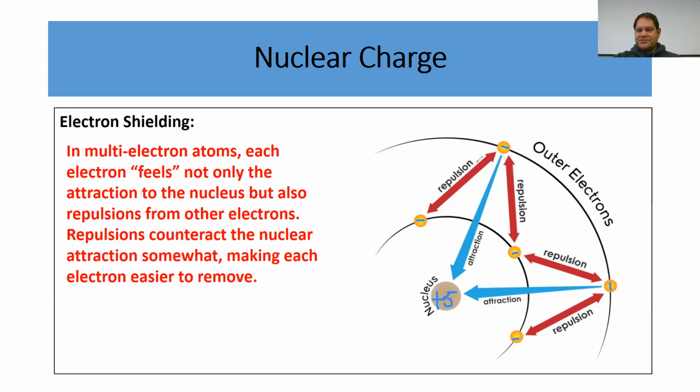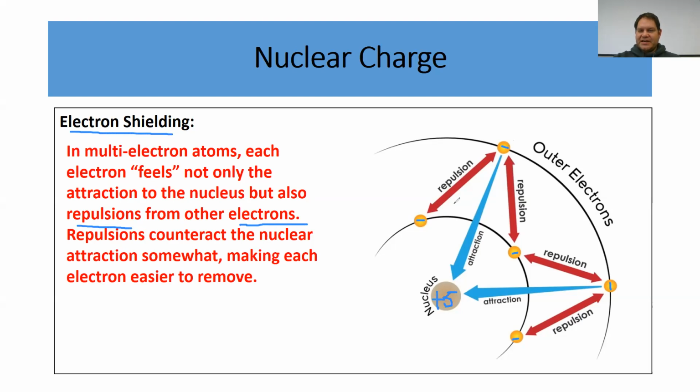Now, these repulsion forces result in what we call the shielding effect, okay? The shielding effect. And that is essentially, by definition, in multi-electron atoms, each electron feels not only the attraction to the nucleus, but also the repulsion from other electrons, okay, which we just described.